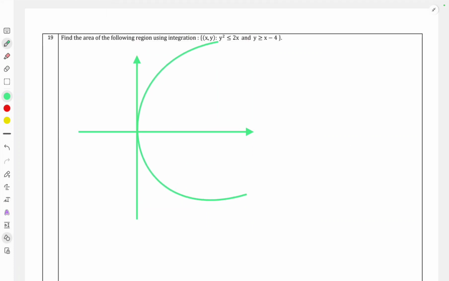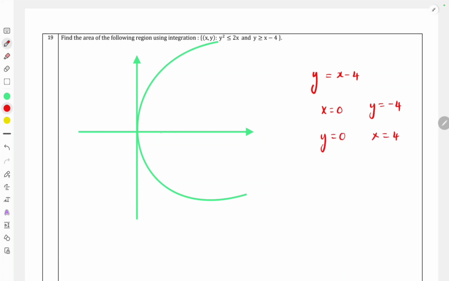And next, y greater than or equal to, consider this as an equation, so y equal to x minus 4 we have, which means we need 2 points to draw the line. So if x is 0, then y will be minus 4. If y is 0, then x will be 4.